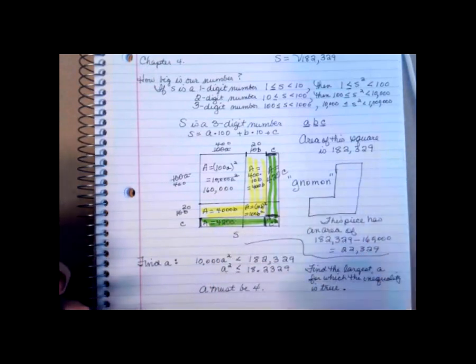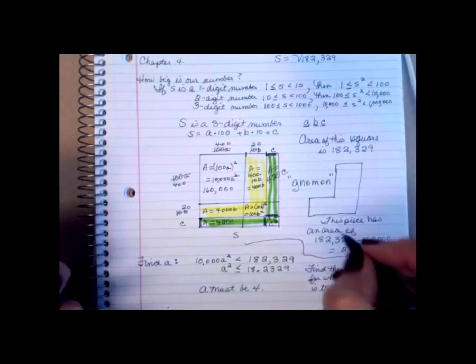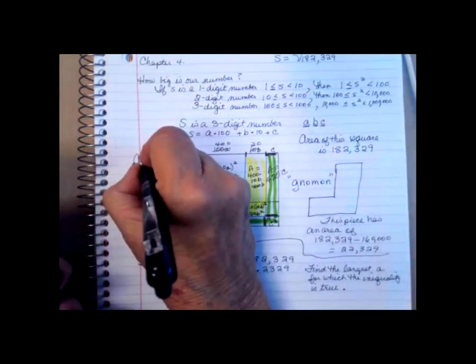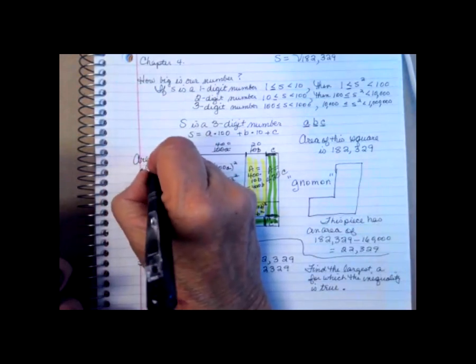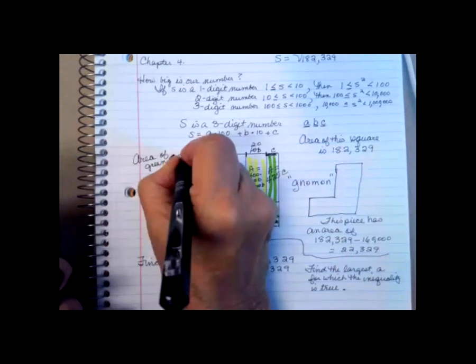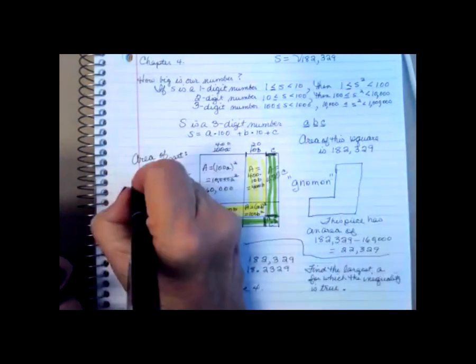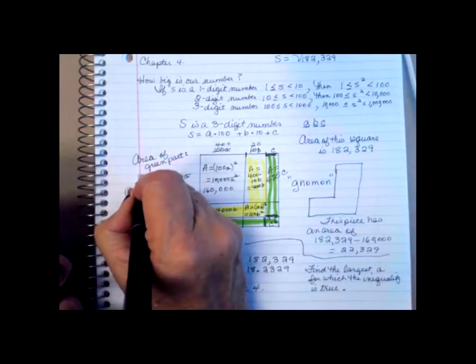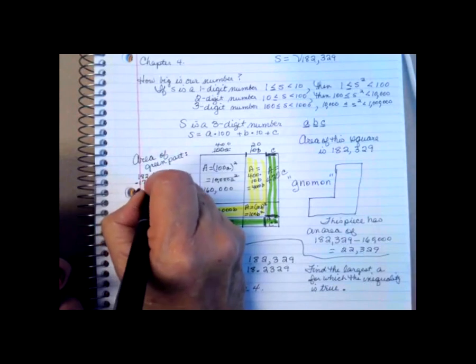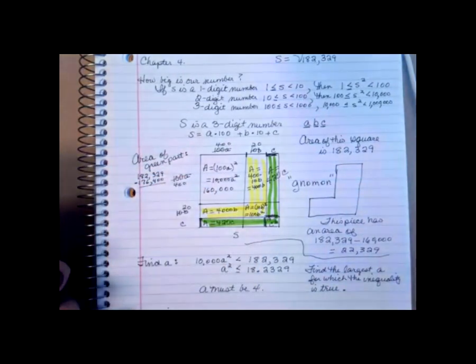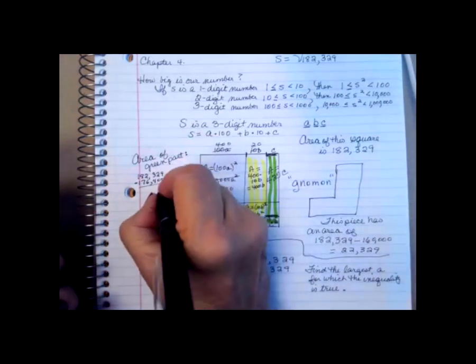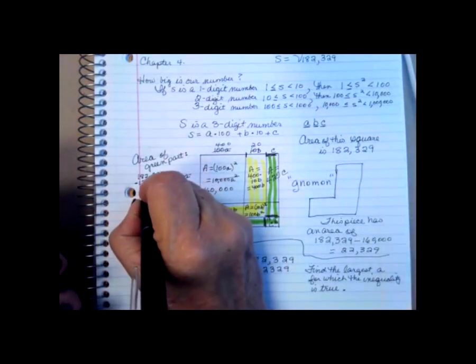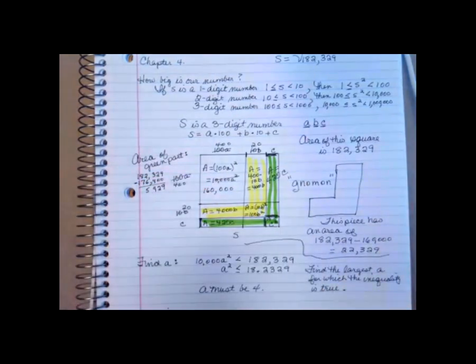So the area of the green part is 182,329 minus 176,400. Oh shoot, which I should have just done this, is 5,929.